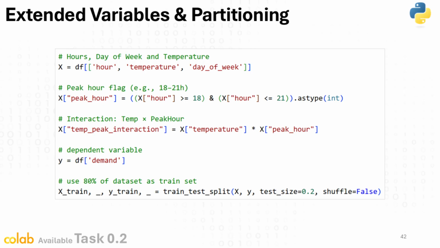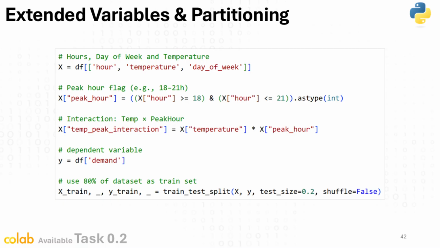Now that we have our core dataset, we move to feature engineering and data partitioning. In machine learning, raw data is rarely enough. We often need to help the model by creating features that highlight specific behavioral patterns. We begin by defining our initial feature set, X, which includes our primary drivers: the hour of the day, the temperature, and the day of the week.